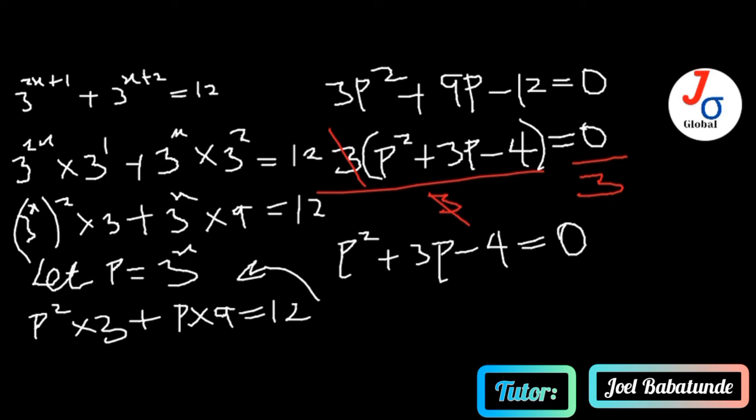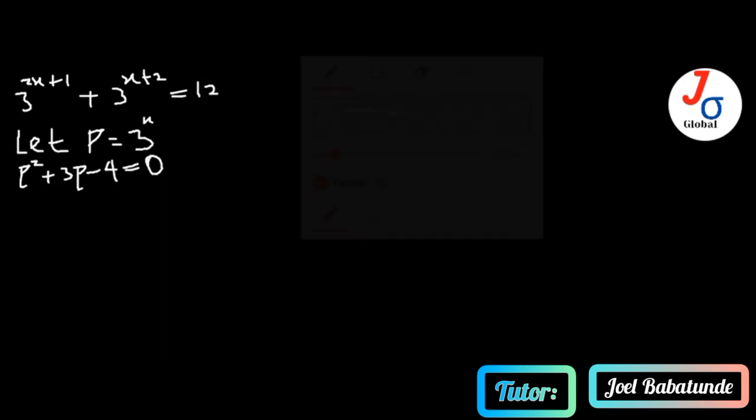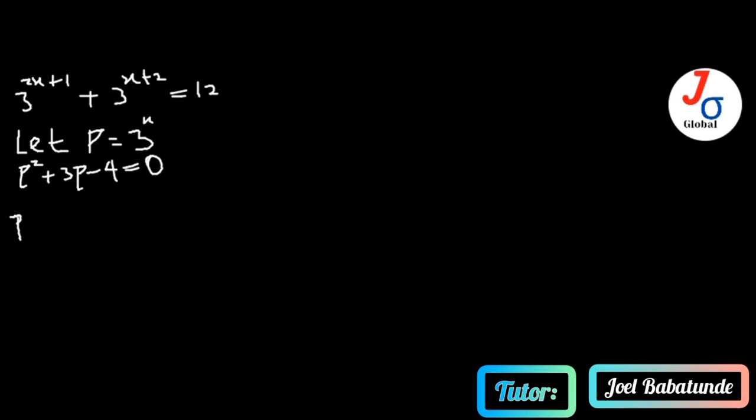So how do you factorize this? So we could go through the formula method. So let's just do that. Now, from the formula, p will then be minus b plus or minus square root of b squared minus 4ac over 2a.